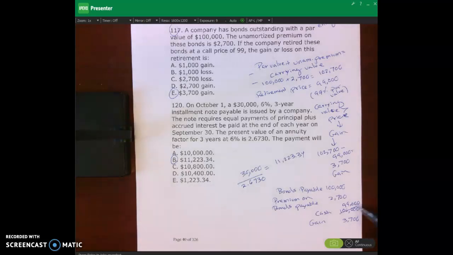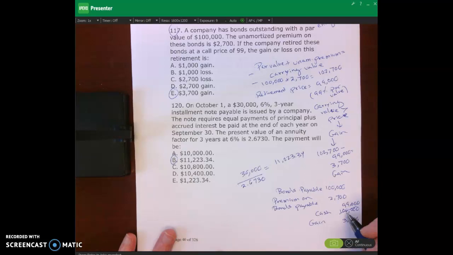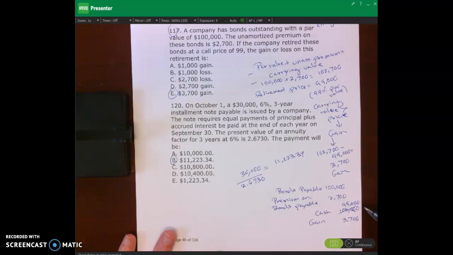Credit to cash for $99,000, and then a gain of the $3,700, which is the difference between the carrying value and the price. So this is the full journal entry. Debit bonds payable, debit the premium, credit to cash for $99,000, not $100,000, and then a credit to the gain of $3,700. And remember, this gain is going to be considered additional revenue on the income statement.